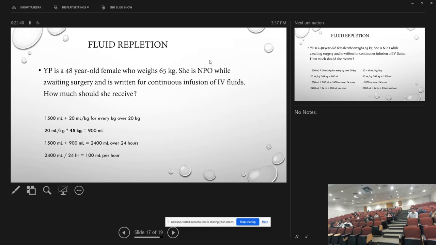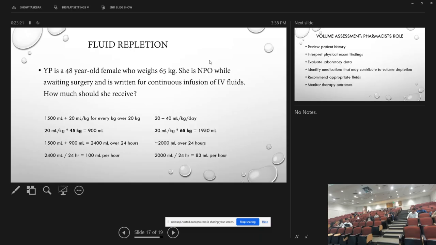So you have 1.5 liters plus 900 mils, about 2.5 liters over 24 hours. That would be her maintenance fluid. And that volume is pretty close to what I gave you initially, on the second slide when we talked about intake versus output. So that is a fairly normal adult fluid input. You would divide that over 24 hours, and then administer it at 100 mils per hour.